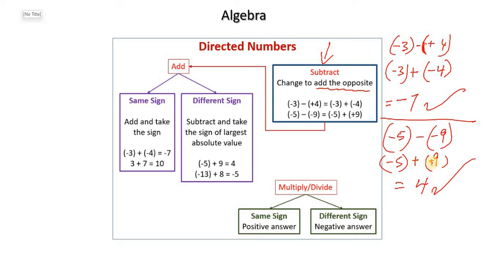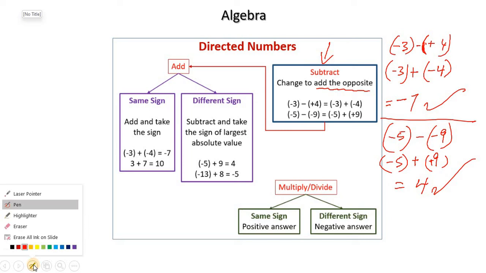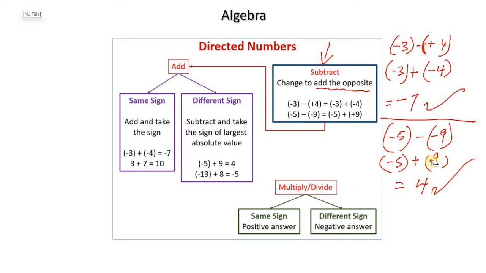This plus sign is an addition sign, and this is a positive sign. They look the same, but they mean two different things. Once it's in a bracket, it's suggesting that it's +9.